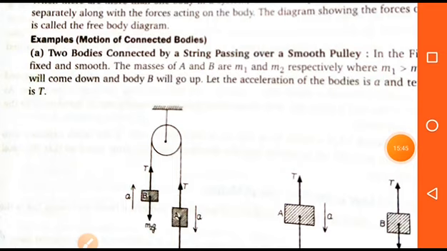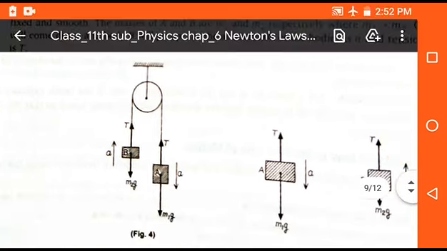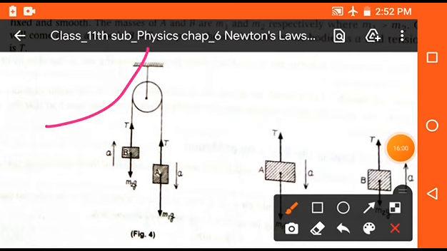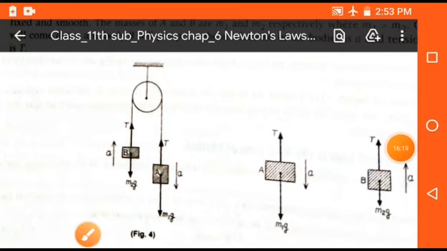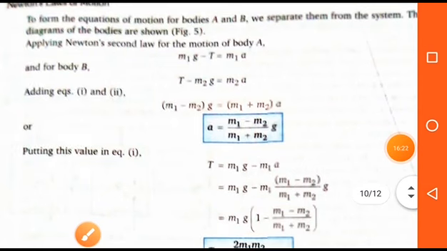Two bodies connected by a string passing over a smooth pulley. This is the diagram, and in it the motion of both objects is considered as a free body diagram. If their masses are m1 and m2, their accelerations are a, and T is the tension working in the rope, then two formulas are considered here.